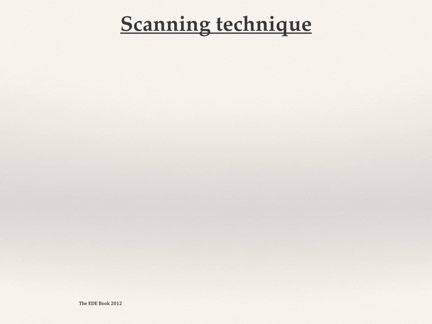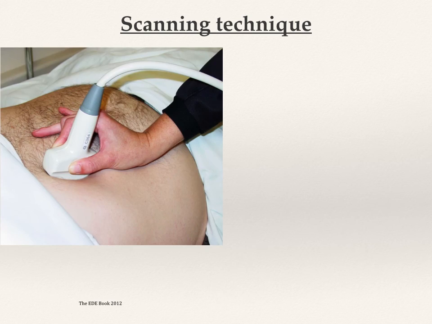In most patients, the gallbladder is located close to the right midclavicular line, just below the costal margin. To begin scanning, place the probe in the longitudinal plane with the probe marker pointing towards the patient's head. Begin just below the xiphoid process and slide the probe to the right.